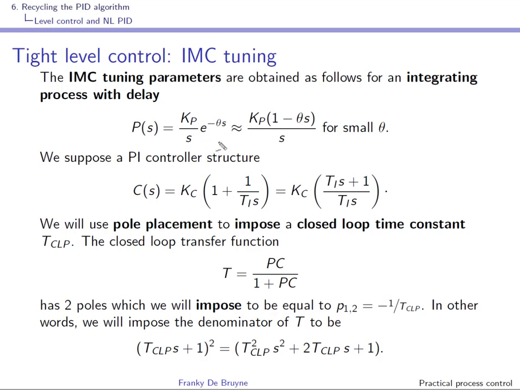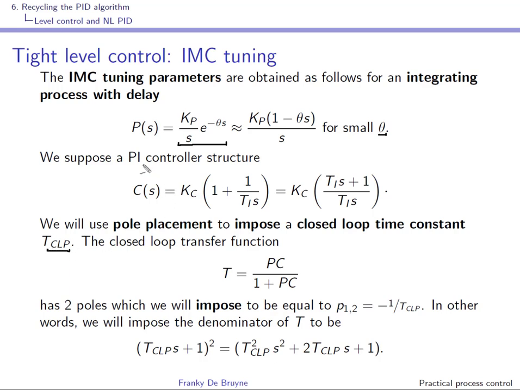So the integrating process with delay is described as follows, and as I've said before, very often what is used is this PID type approximation, where this exponential of minus theta s is approximated by 1 minus theta s, and this is true for small theta, and in this case, well, it's small with respect to the desired closed loop time constant TCLP that we want to impose, right?